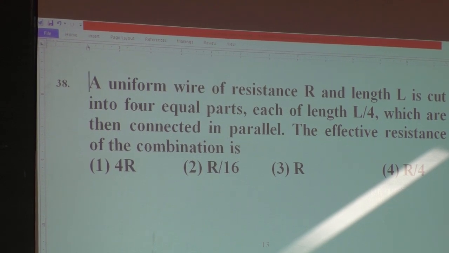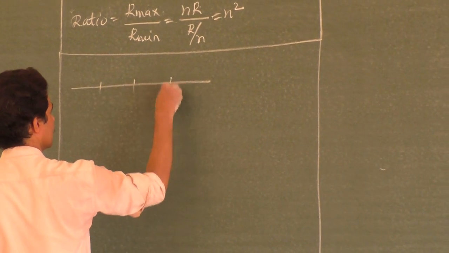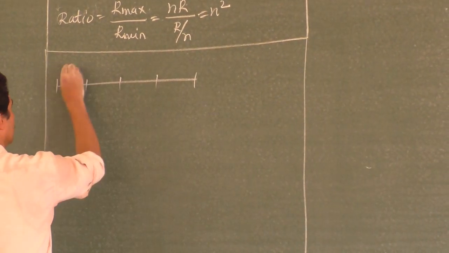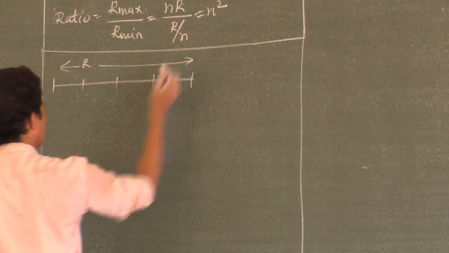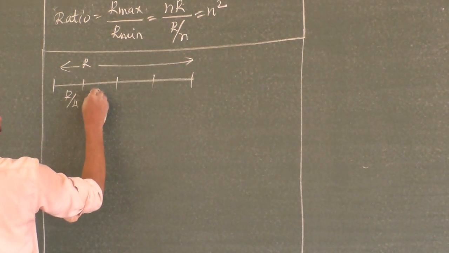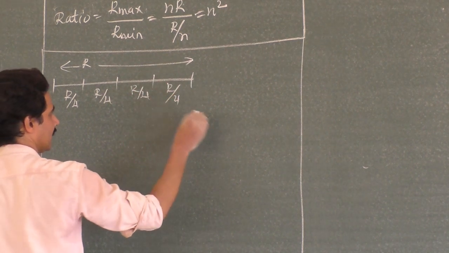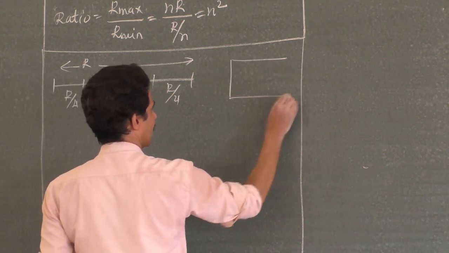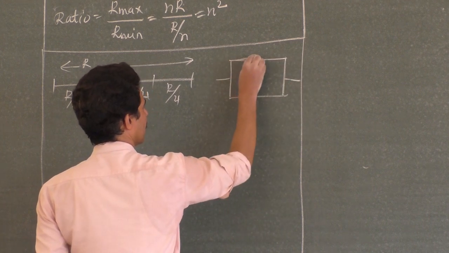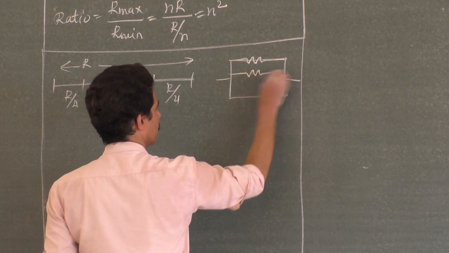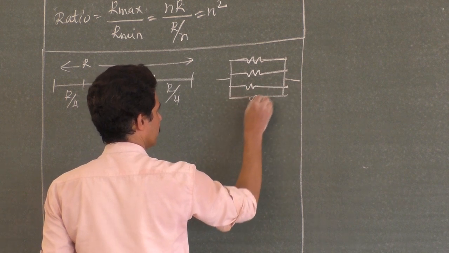Coming back to the board, when a wire of resistance R is cut into 4 equal parts, total resistance is R, it is equivalent to R by 4 in series. Now connect them in parallel like this: R by 4, R by 4, R by 4 and R by 4.